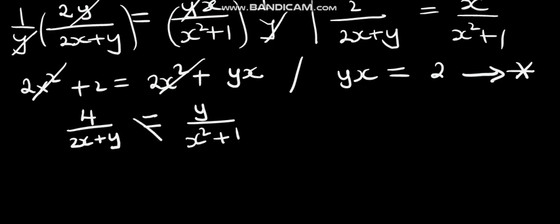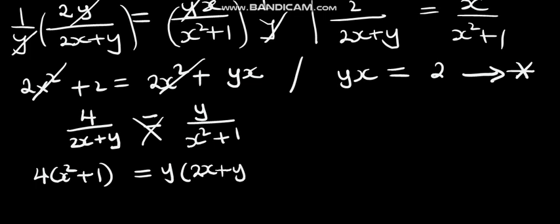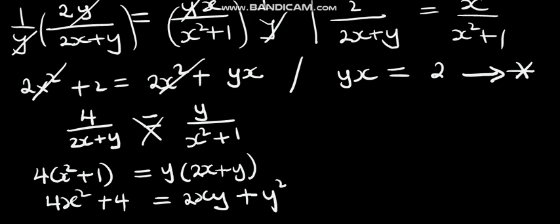So we shall cross multiply, and we shall have 4(x² + 1) equal to y(2x + y). So we shall have 4x² + 4 is equal to 2xy + y².